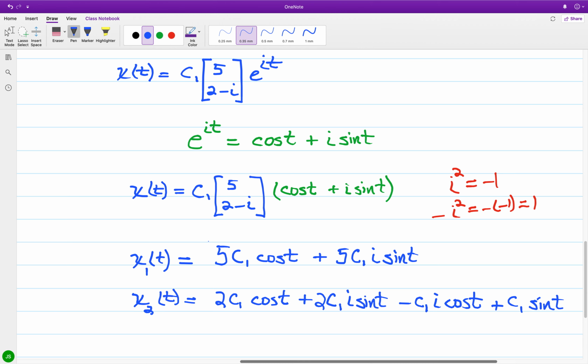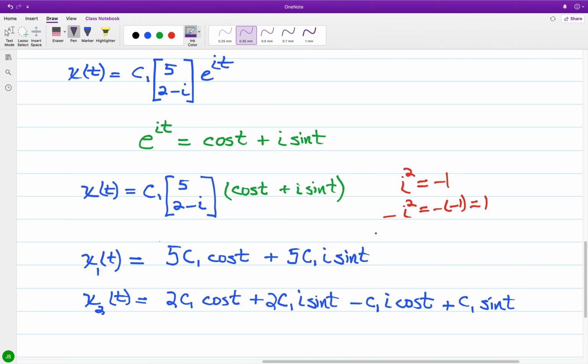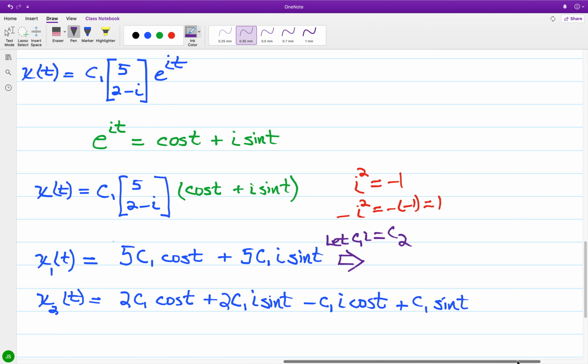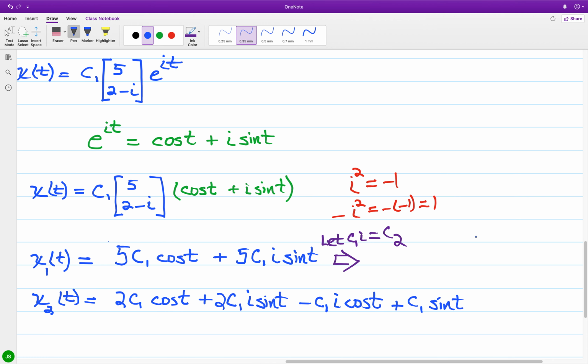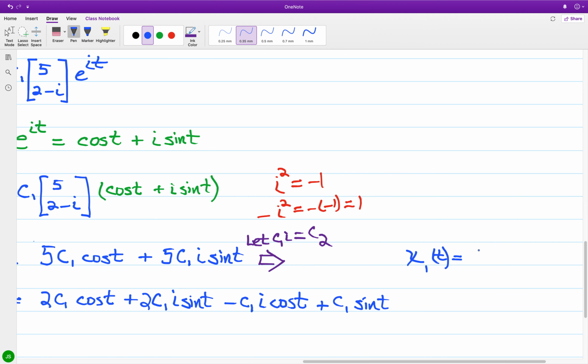And if we follow through and let c1i be equal to c of 2, we have for the first general solution 5c1 cosine of t plus 5c2 sine of t.